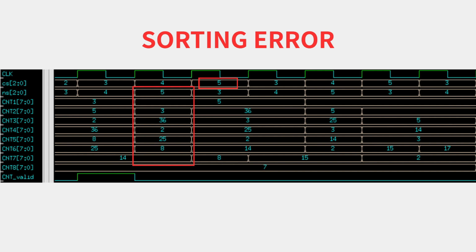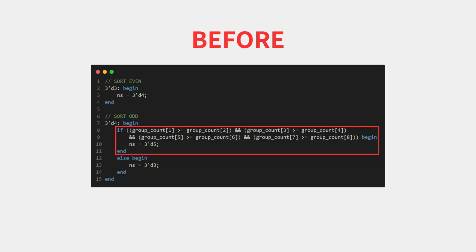The next problem we encountered is the sort error. From the figure, we find that the stage would always go to 5, which means the merge stage, even if the sort stage hasn't finished. This is because we used the even condition statement at the end of our sorting. This is our expectation.